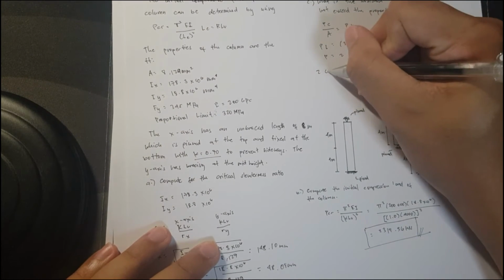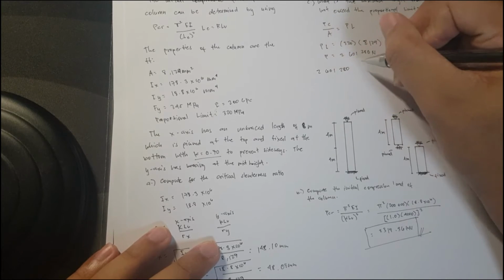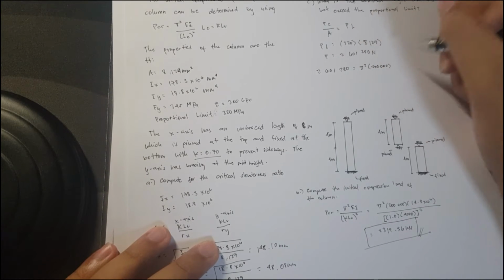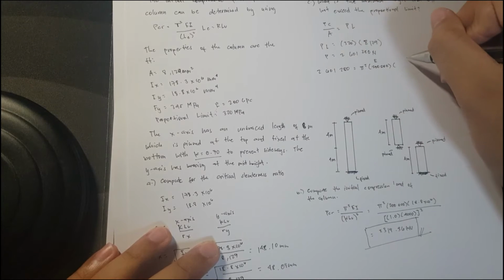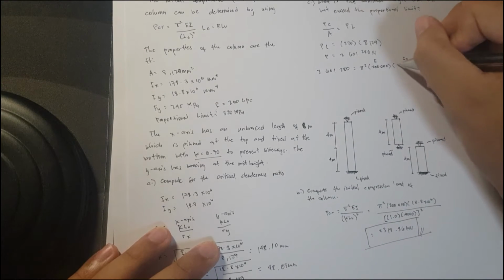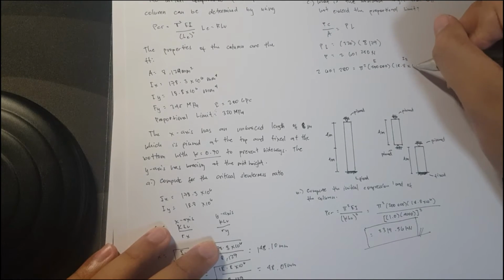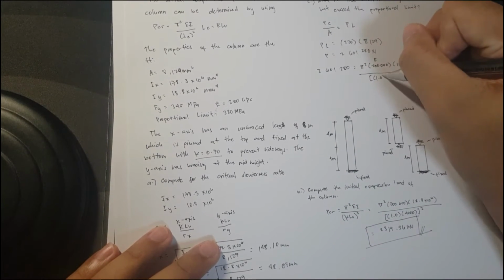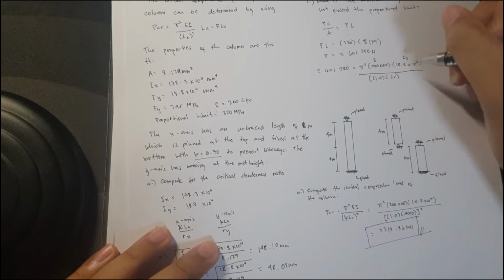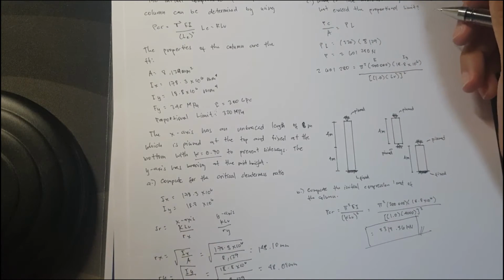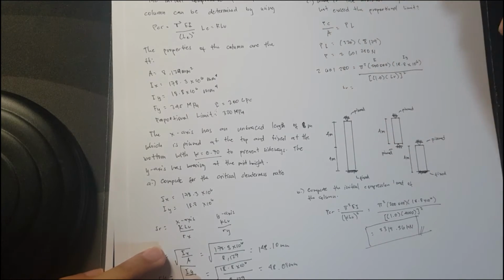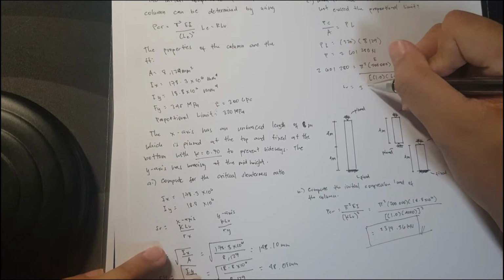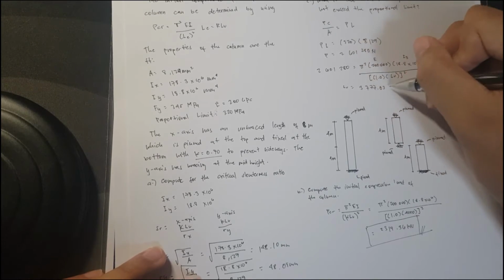So may 2,601,280 equals pi squared times yung 200,000 natin, ito yung E, times I with respect to y natin, 18.8 times 10 raised to 6 na ginamit natin kanina, all over 1.0 times Lu na hinahanap natin, squared. Pag sinolve mo siya, ang palalabasan niya is 3,777.03 mm.